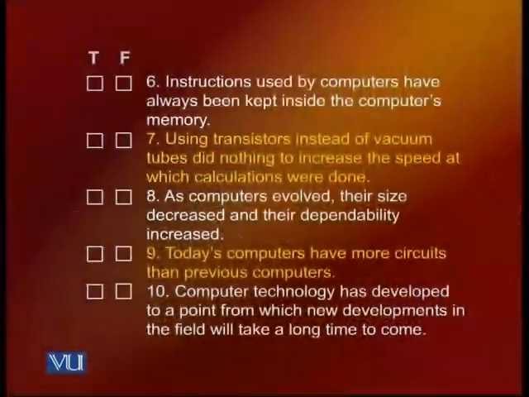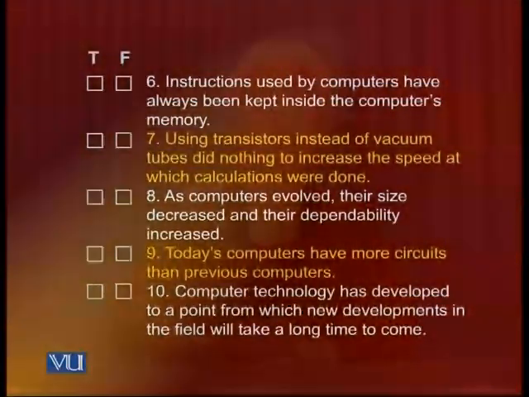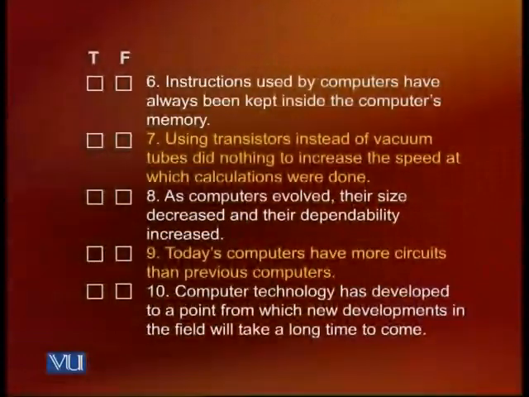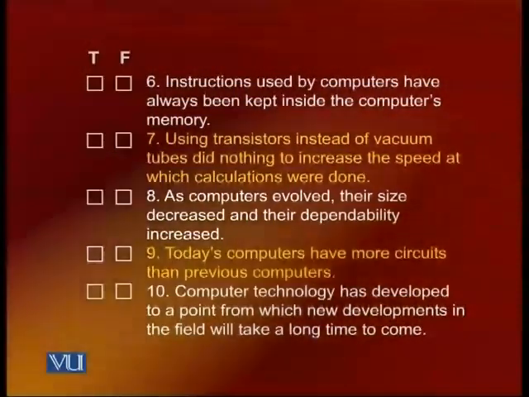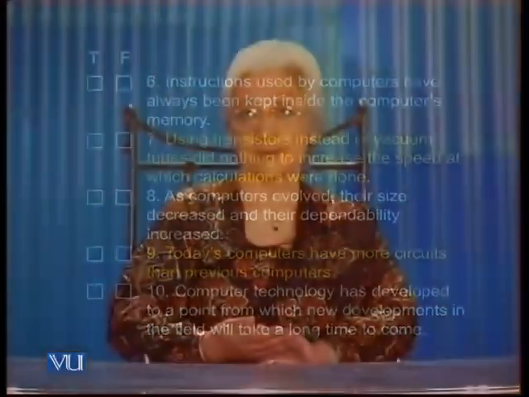Statement number 9. Today's computers have more circuits than previous computers. It's a true statement. And the last one, computer technology has developed to a point from which new developments in the field will take a long time to come.